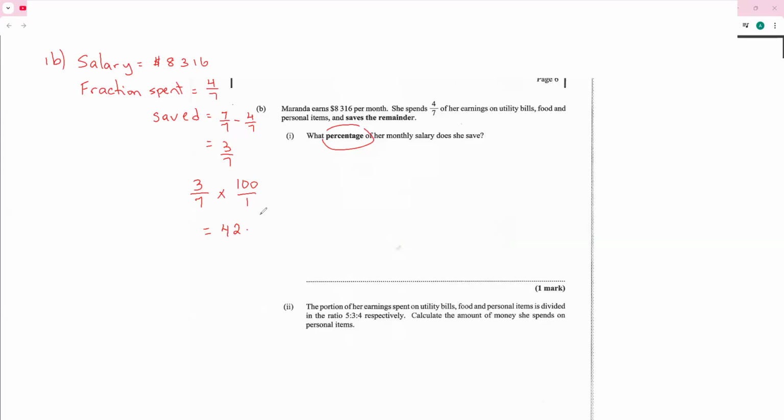We never said how much to round it up to, so I'll round it up to 2 decimal places, 42.86%. Remember, if you round it up to 1 decimal place and put 42.9 instead of 2 decimal places, you could.